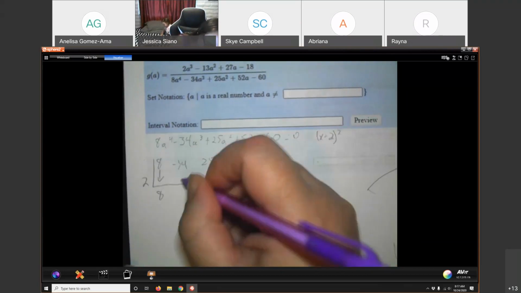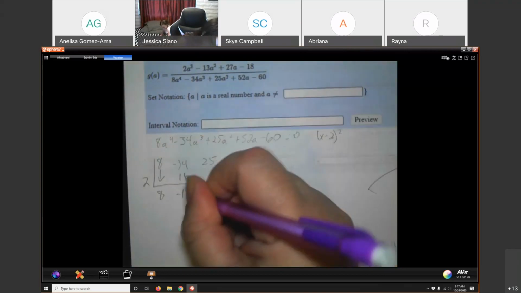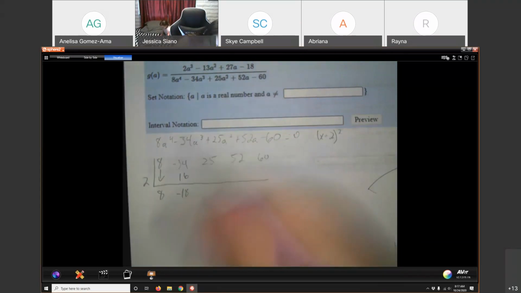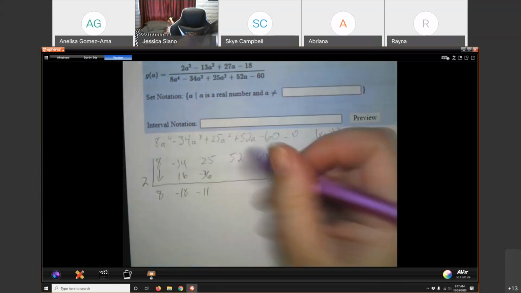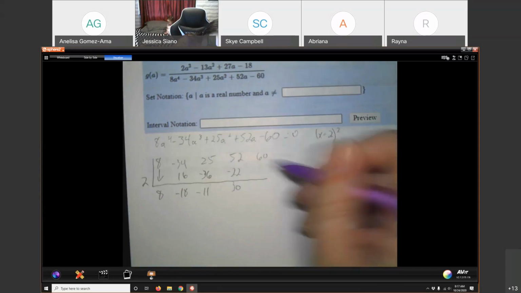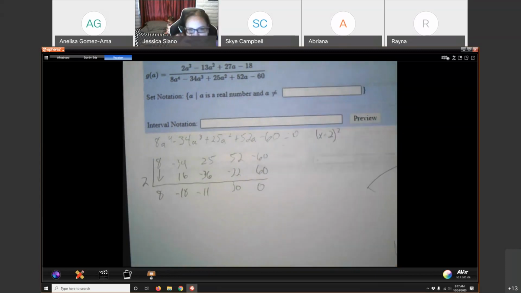Remember, this is multiply and then add. Multiply and then add, multiply, and then add, multiply, and then add.